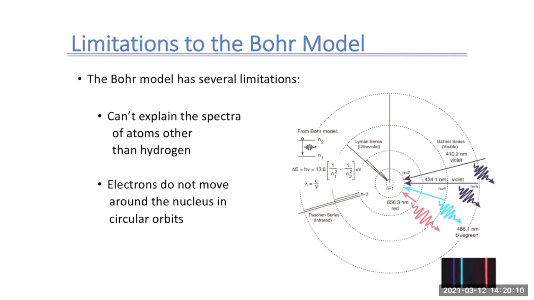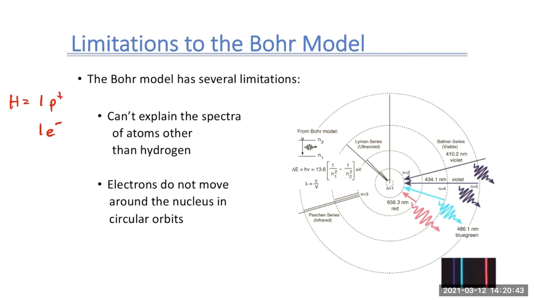Hydrogen, as we know, is a very simple system. Hydrogen has one proton and one electron. That's it. That's as simple as we can get. He studied the simplest system. Smart on his part. When you study the simplest system, you can make a model a little bit easier.